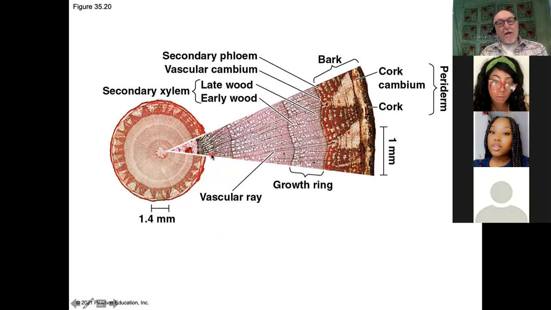The one thing I haven't mentioned, and I'm not going to go into any detail about it, is that there are ways in which this plant can move materials horizontally as well, because it has to make sure that all of the living cells are supplied with nutrients. And that horizontal movement is done through these vascular rays here.